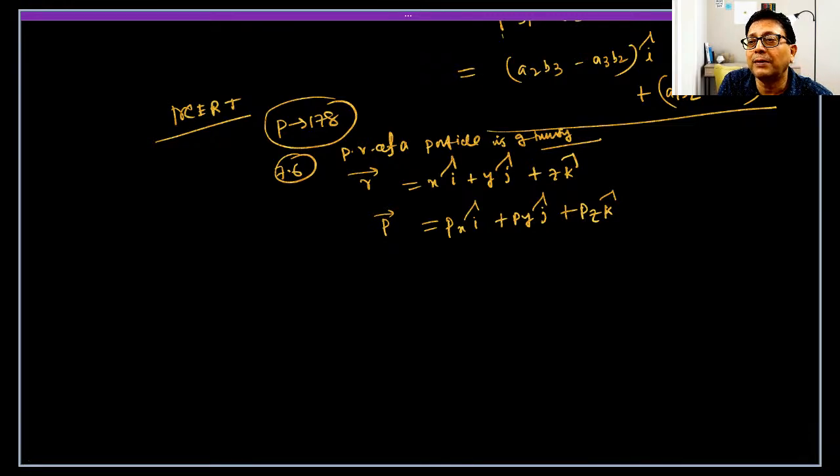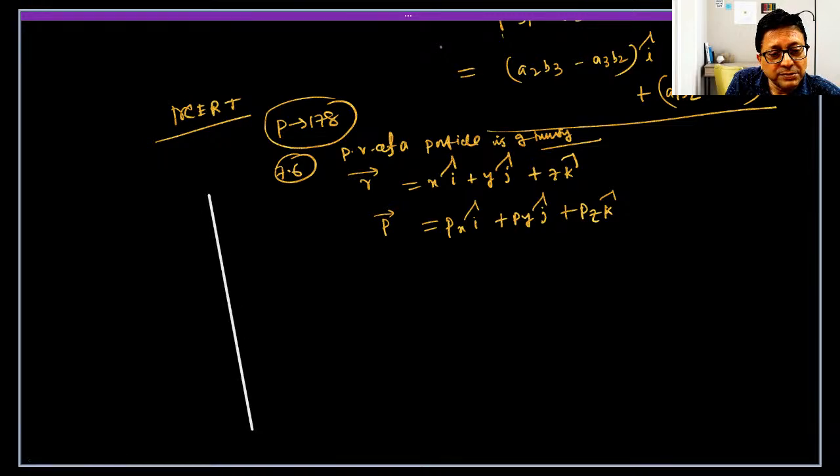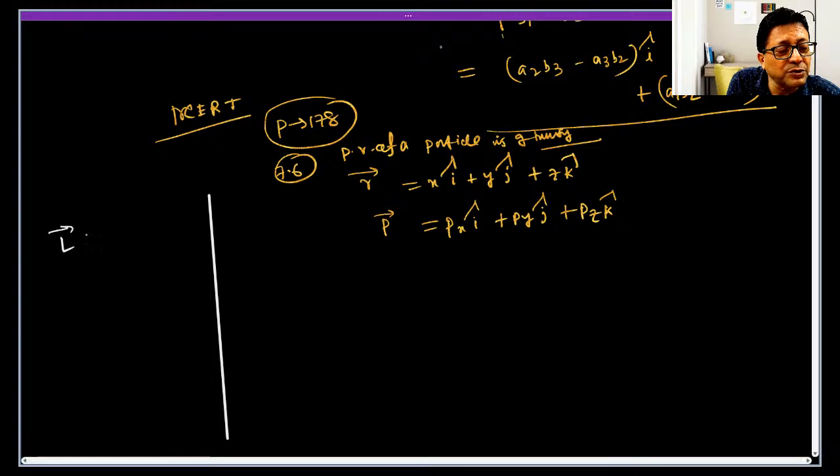Before we solve the problem, we need to remember the angular momentum of a single particle. It is L equal to r cross p for a particle. L equal to r cross p.